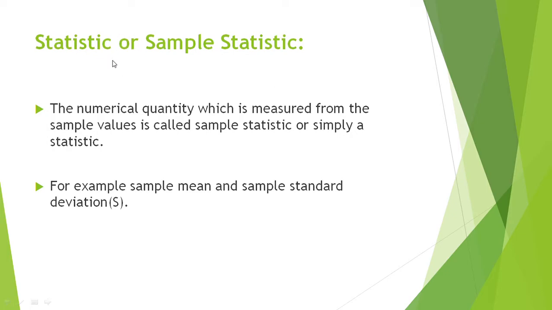If the s comes at the end, this would be the subject statistics, but statistic is the numerical quantity which is measured from the sample value. Anything you measure from the sample, not from the whole population, just from the sample, is generally called a statistic. For example, the sample mean and the sample standard deviation.